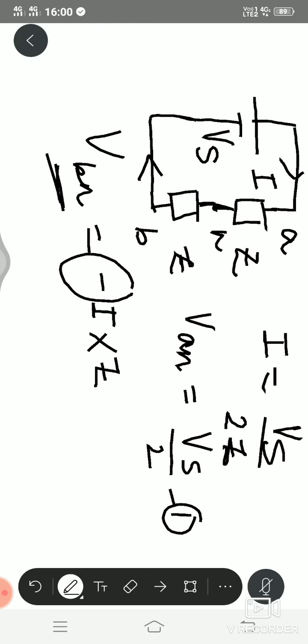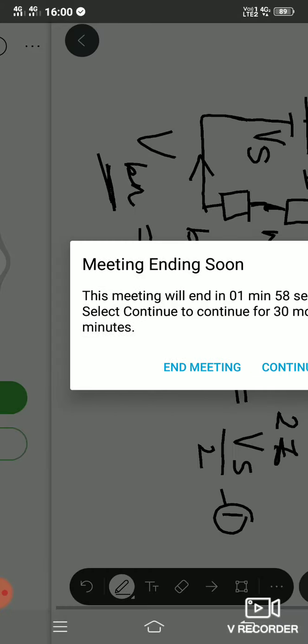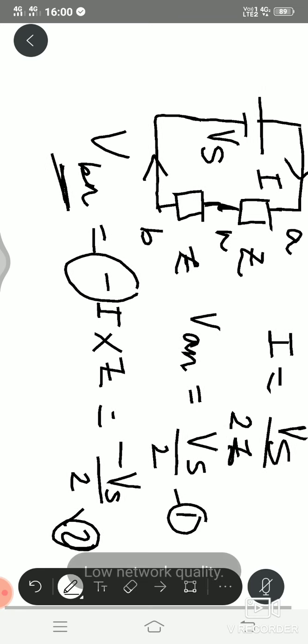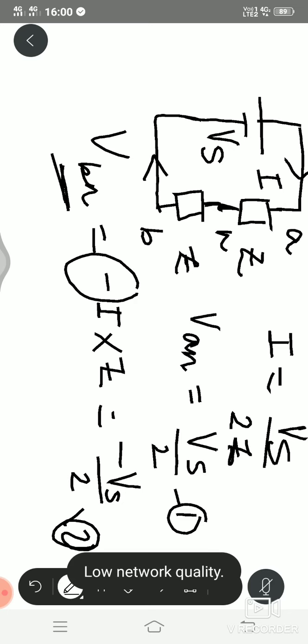Had I written NB, that is VNB, in that case it would have been I into Z. But since I wrote VBN, I have reversed the sign, so that is why it is minus I into Z. Now you substitute I, after substituting it will be minus Vs by 2Z into Z. So Z will cancel out, it will give us minus Vs by 2, equation number 2. So this is our first stage of firing, VAN and VBN.